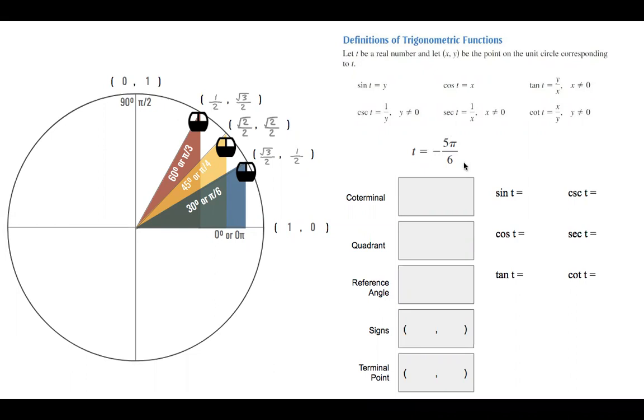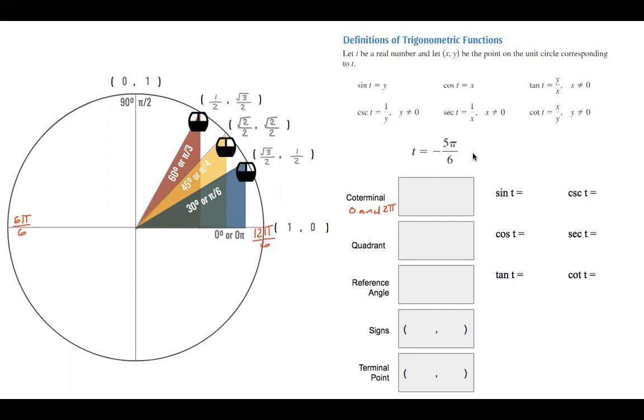You could do everything directly from that angle, but you could also find a positive coterminal angle between 0 and 2 pi. In order to do that, we know that half a circumference is going to be 6 pi over 6, and the whole circumference is going to be 12 pi over 6.